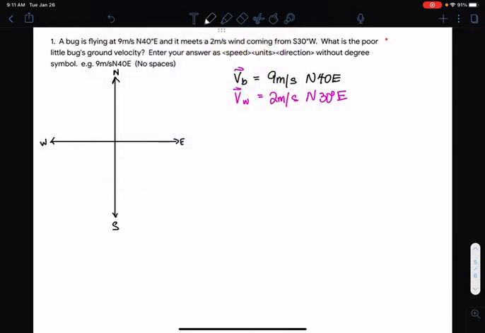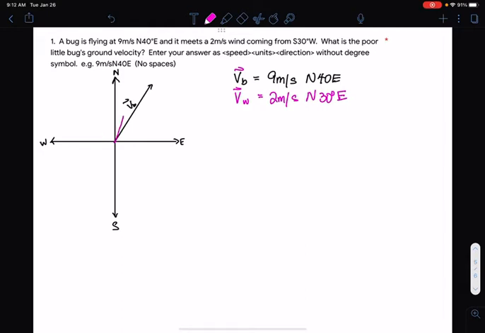So north 40 degrees east is my bug, velocity of the bug, and then my wind is north 30 degrees east. Oops.